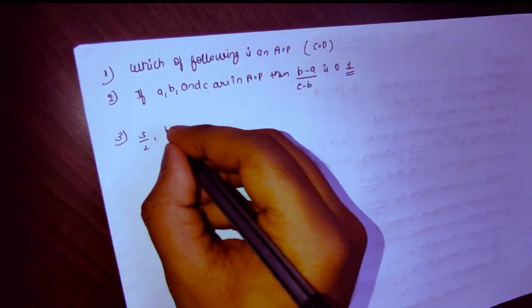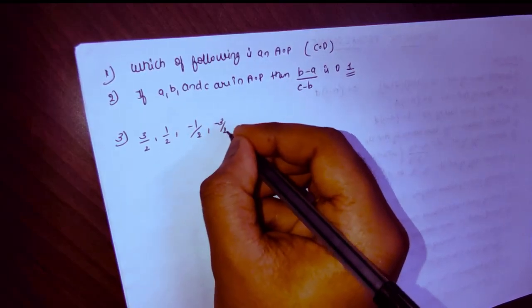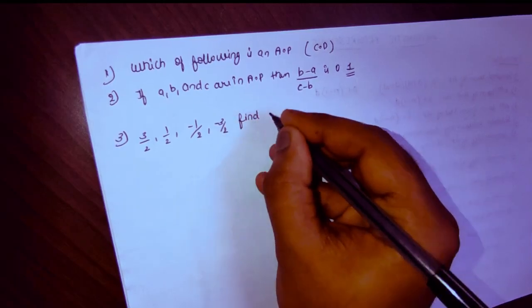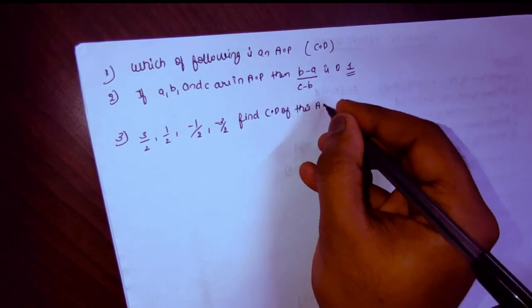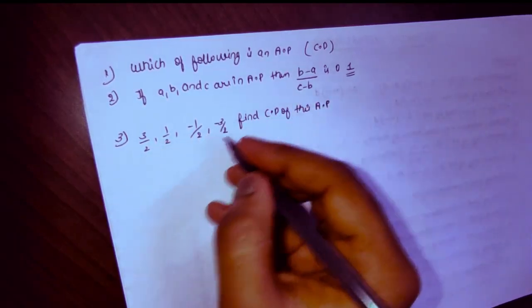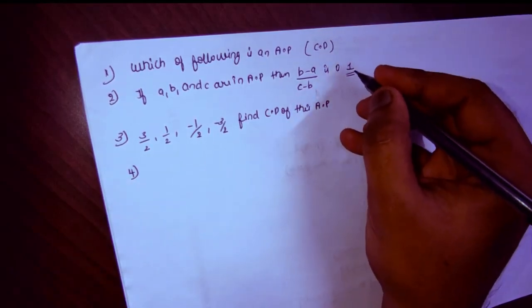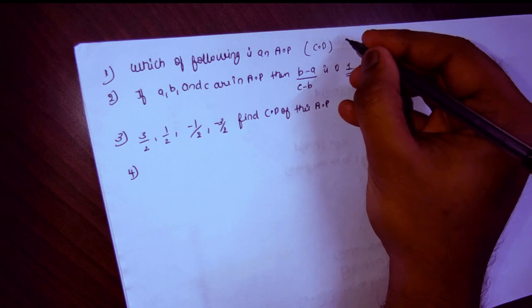Third question: 3 by 2, 1 by 2, minus 1 by 2, minus 3 by 2. You have to find the common difference of this AP, the common difference between the terms. I'll write the answer for the first question as well.